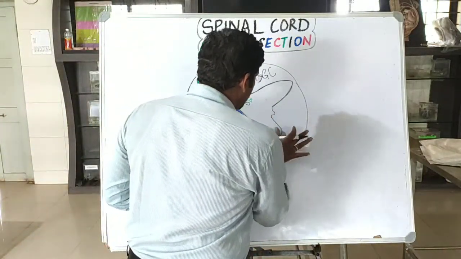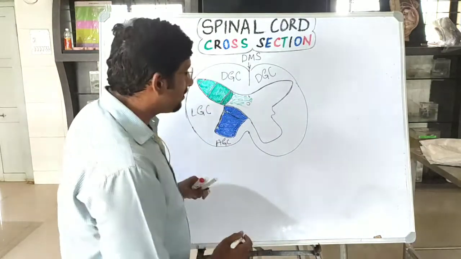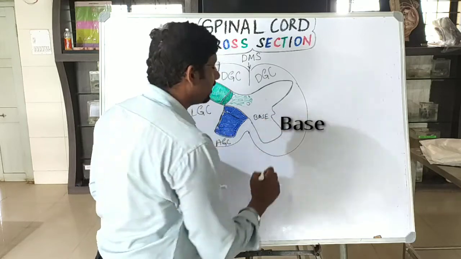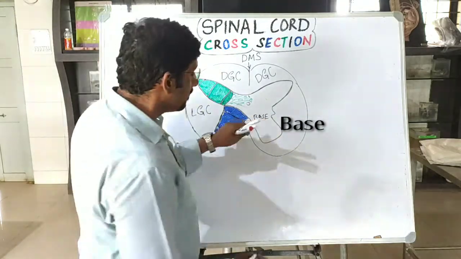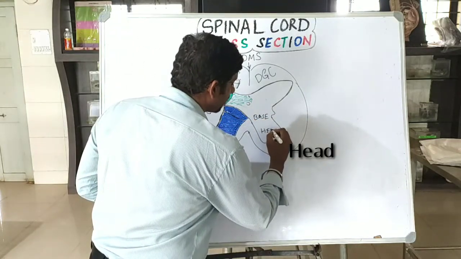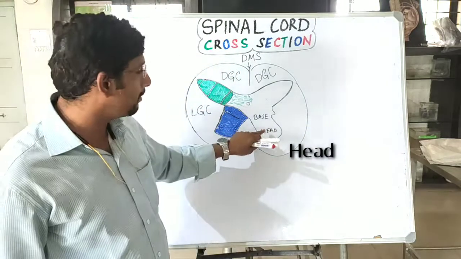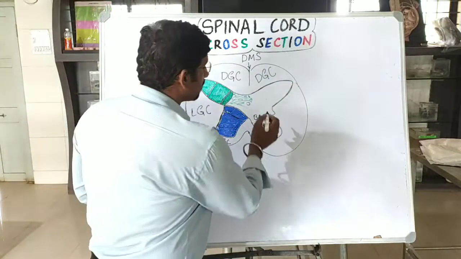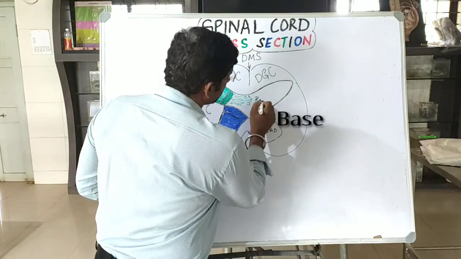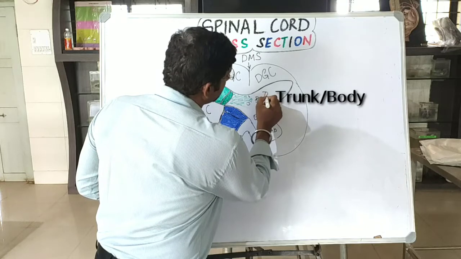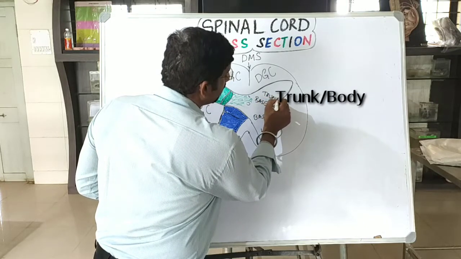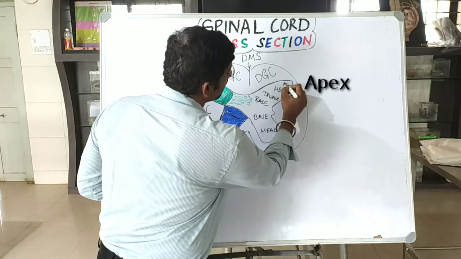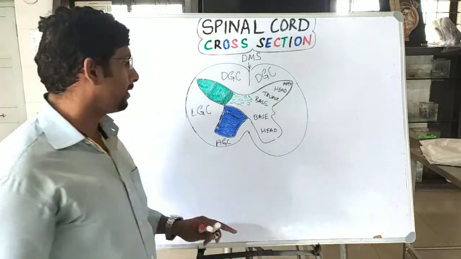The ventral gray horn is divided into a base portion and a head portion. In the same way, in the dorsal gray column or dorsal gray horn, this is the base, this is the trunk or body, and this is the head, then the apex part.